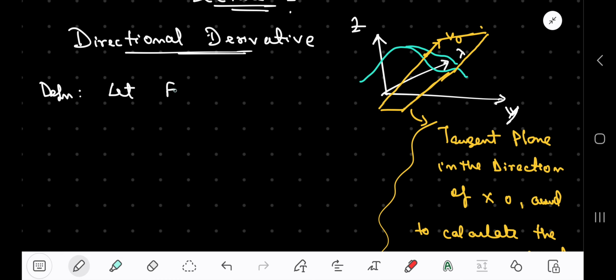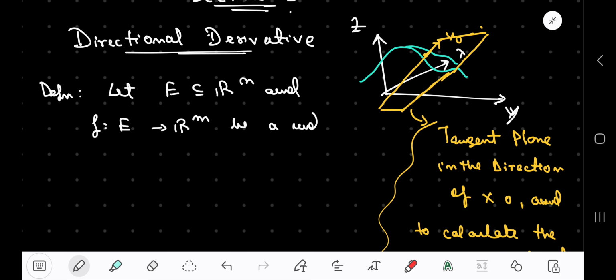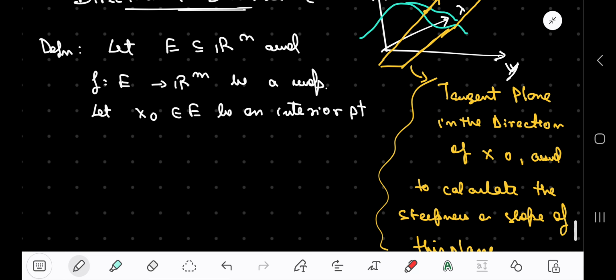So let E be a subset of Rn, and let f from E to Rm be a map. Let x naught in E be an interior point, and let v be a vector in Rn.